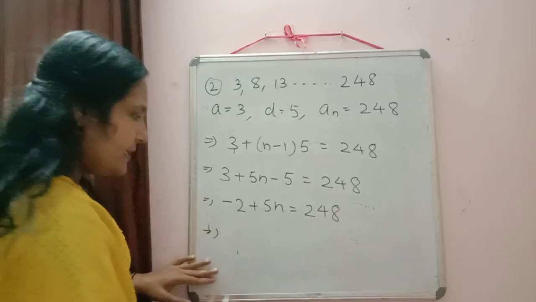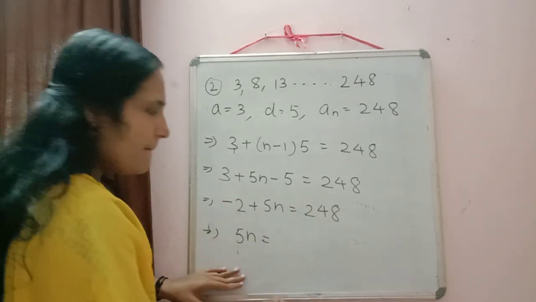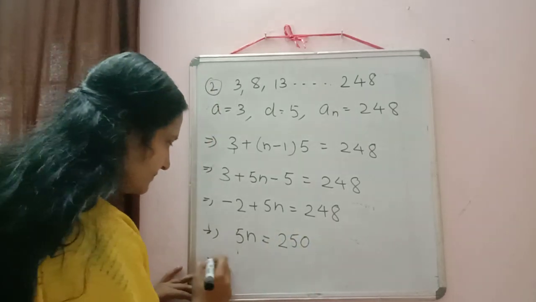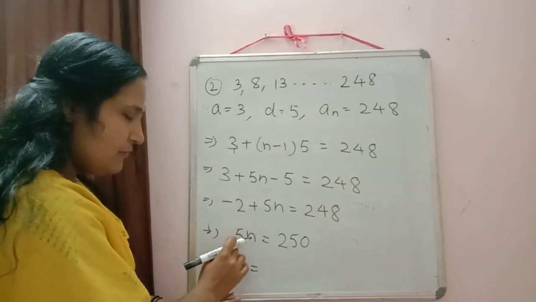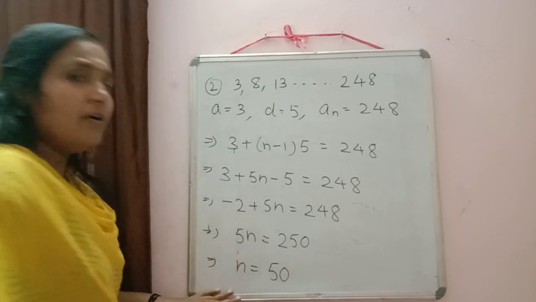Minus 2 shifting to the right hand side, so 5n is equal to 248 plus 2, that will be equal to 250. So we will get n is equal to 250 divided by 5, that will be equal to 50.